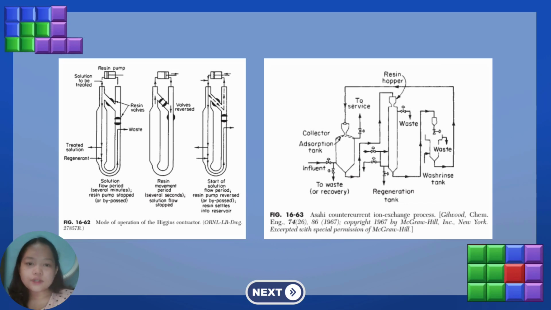Ang Higgins contractor is cyclic process, mas simple, suitable for batch system, versus Asahi process na continuous system, counter-current flow, mas mataas ang capacity and efficiency. Both have unique advantages depending sa application. Next, we'll take a look at two ion exchange system diagrams, Higgins contractor and Asahi countercurrent ion exchange process.